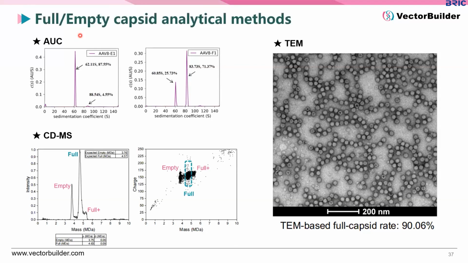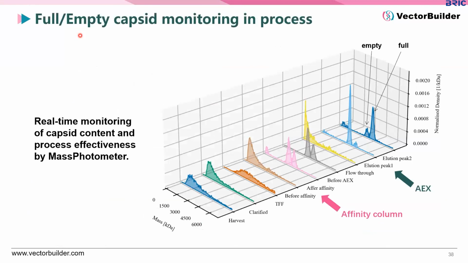And of course, we are also trying some very new technology, called mass photometry, to do real-time monitoring of the capsid contents. This is to monitor the effectiveness of our process. For example, the graph shown here is of samples taken between each step of our downstream purification of our GMP AAV vector.